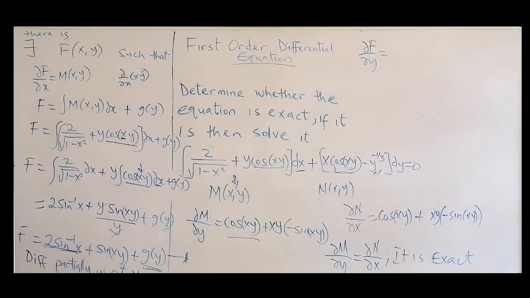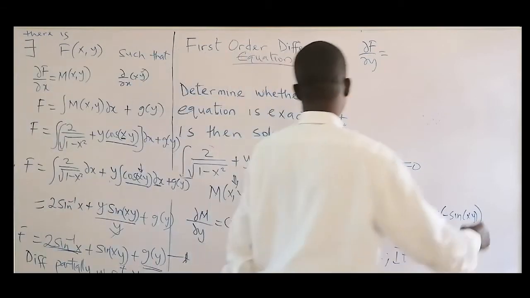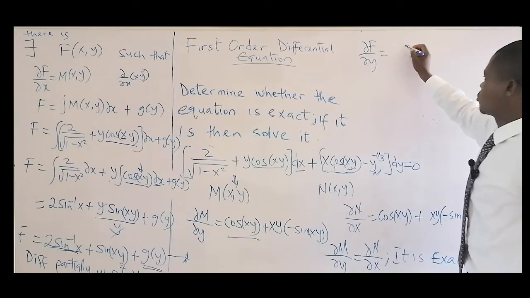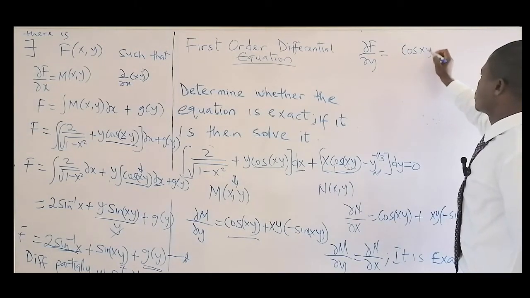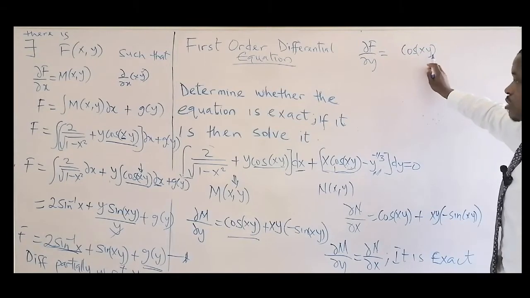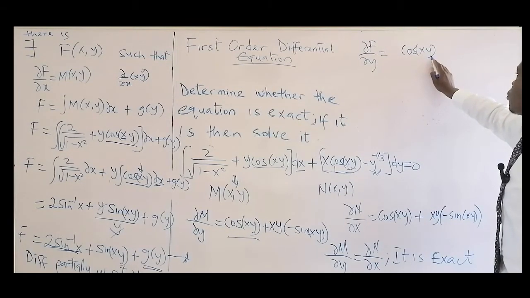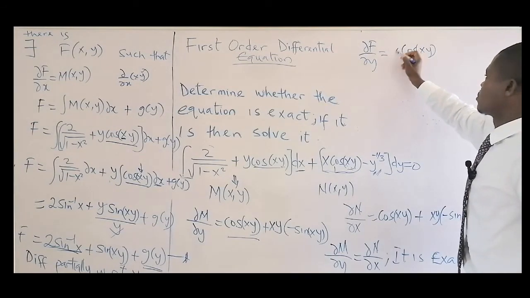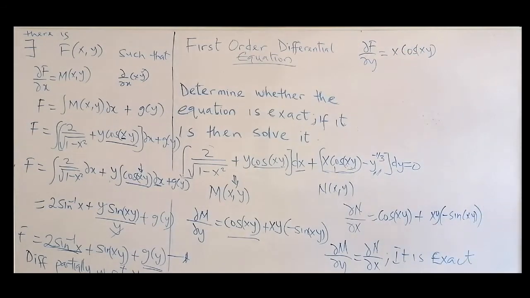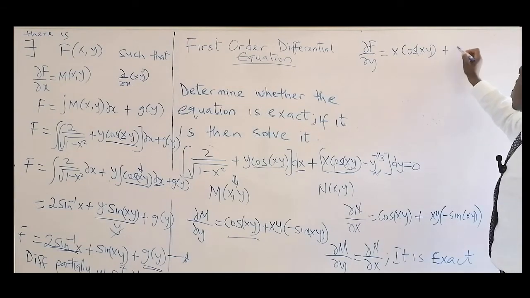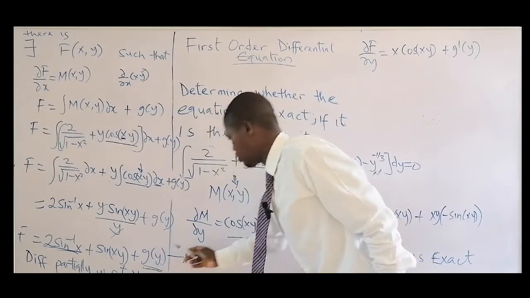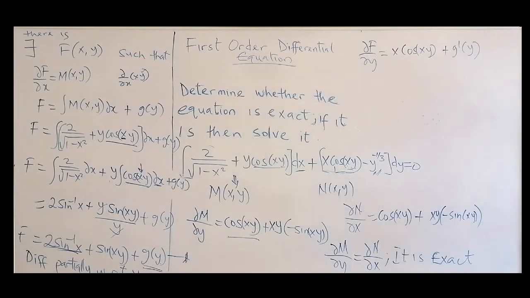So if you differentiate that with respect to y, this will be 0. Then we'll come back here. If you differentiate sine xy, that will be equal to cos xy. Then check the function with respect to y. Any attachment to y is x, then use it to multiply the expression. Then plus g prime of y, if you differentiate your g of y.